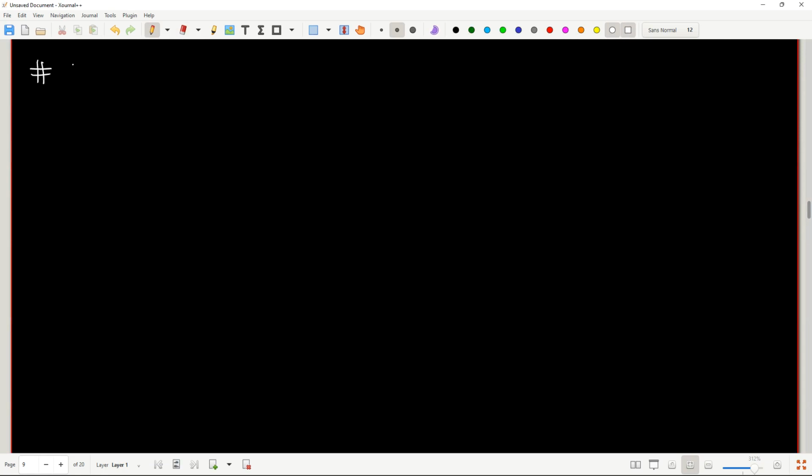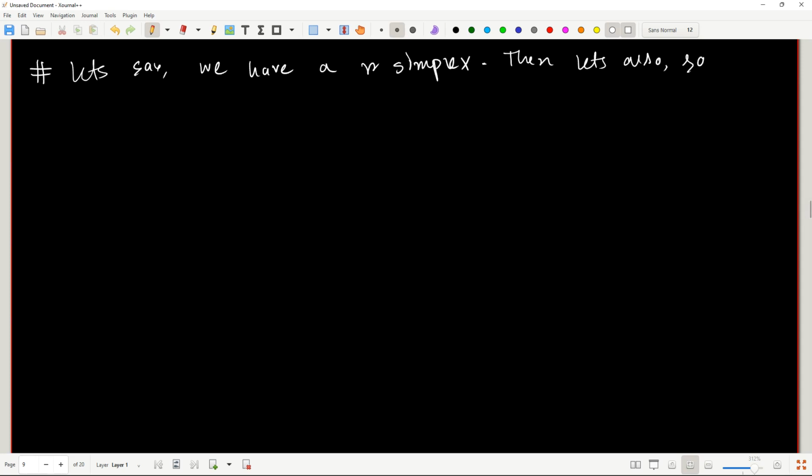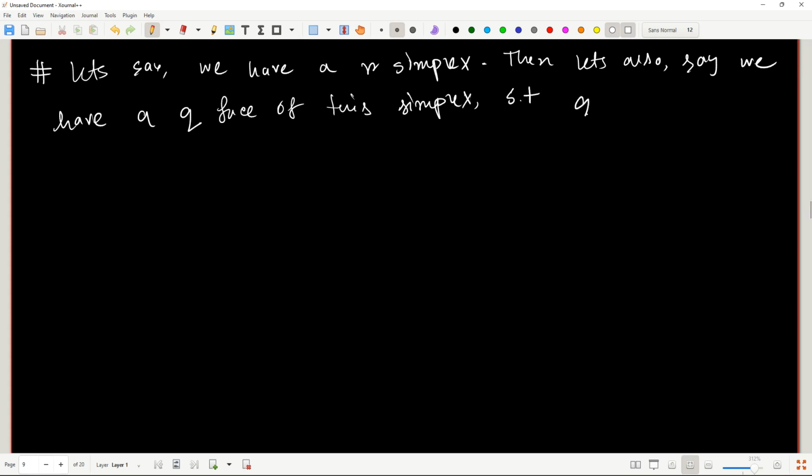Let's say we have an r simplex, and let's also say we have a q face of this simplex such that q is less than r.